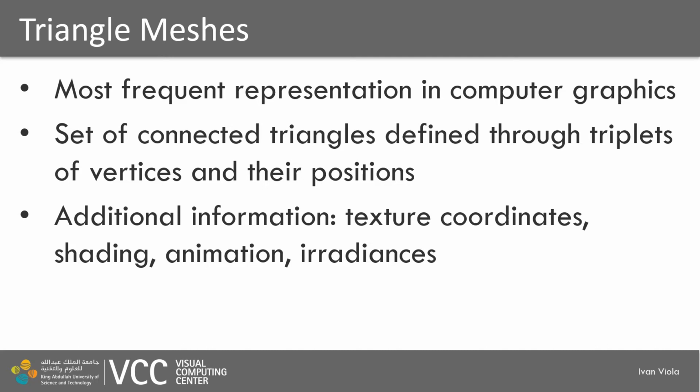Now we need to somehow store these triangles, and some objects can consist of several thousands, maybe even millions of triangles, and therefore their efficient storage will be necessary in order to store or transport this data from memory to memory.